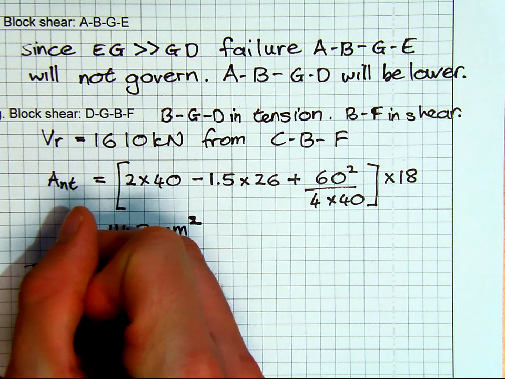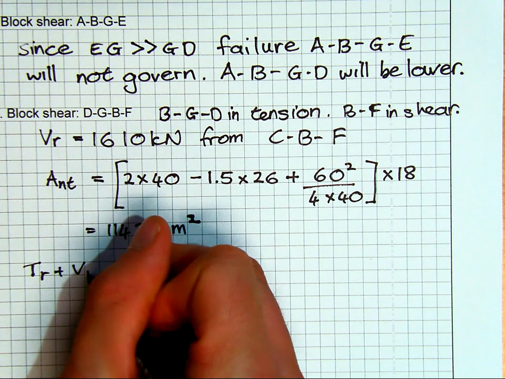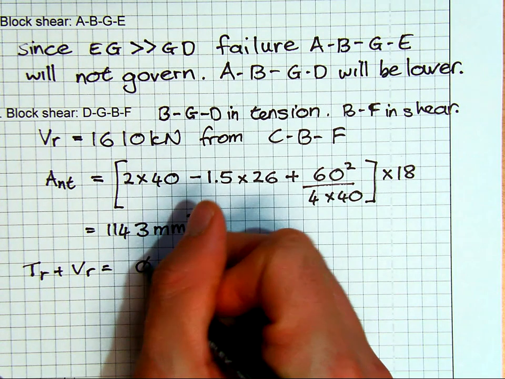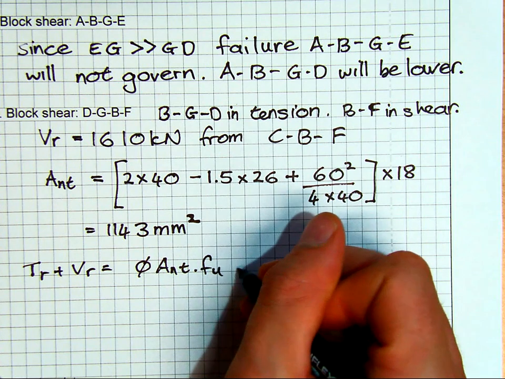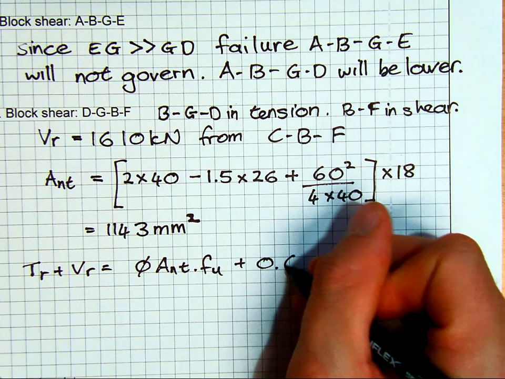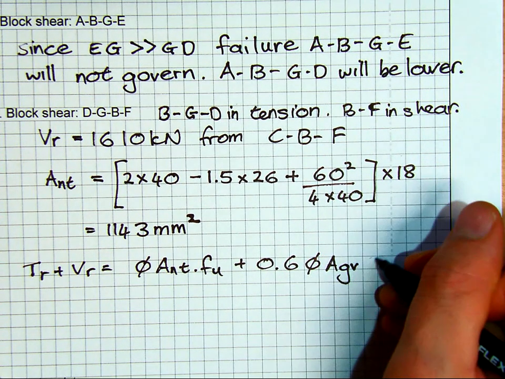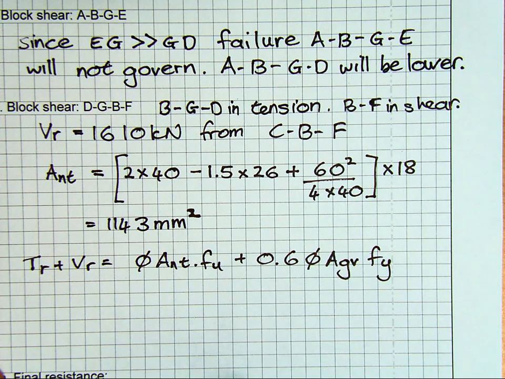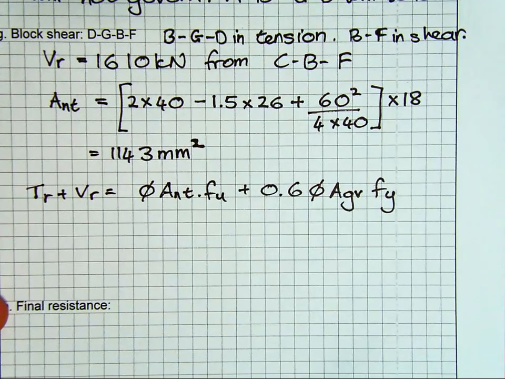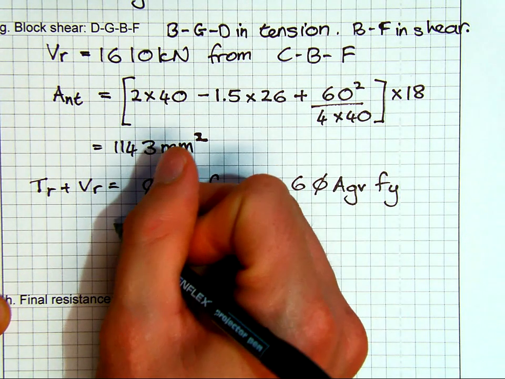And then our total tensile resistance is once again a tension component plus a shear component. Just remember, whenever you're dealing with shear, you'll often see this 0.6 or 0.66 in front. That's to convert the tensile capacity to a shear capacity.